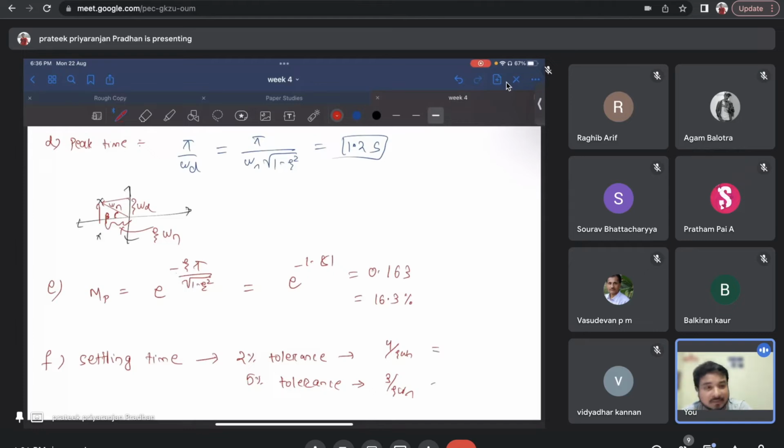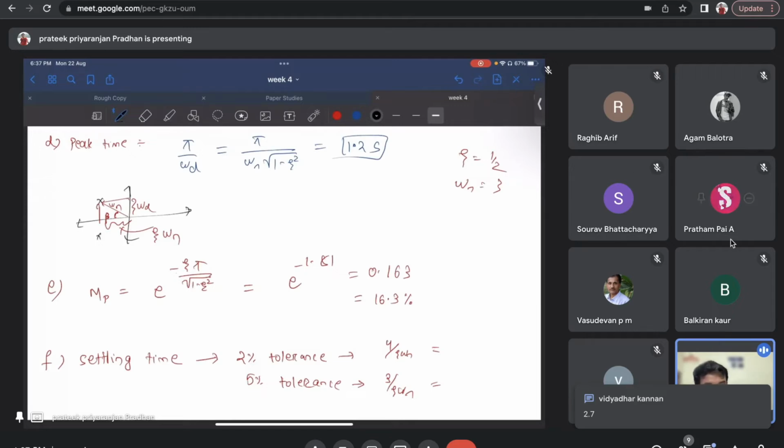So can I get the answers from anyone? The zeta is half and the omega n is 3. Vidya is saying it's 2.7.